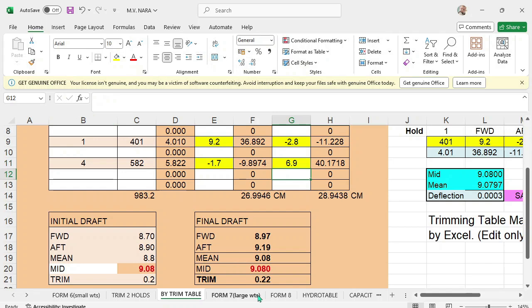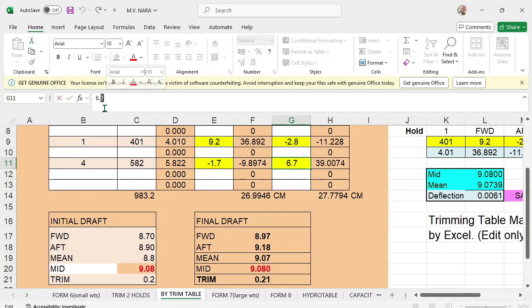Some more, so put here 8, 7. Then put here 6. There you are. So your trim is 20 centimeters.